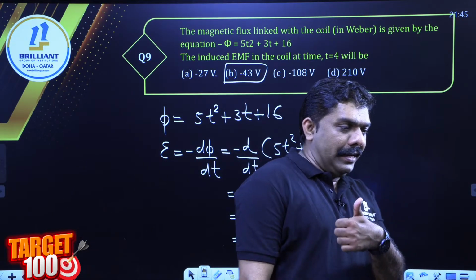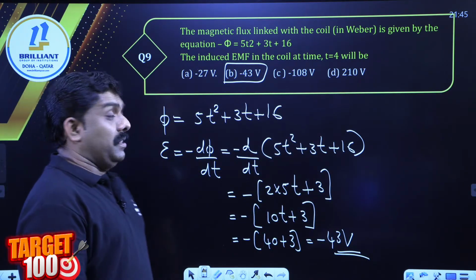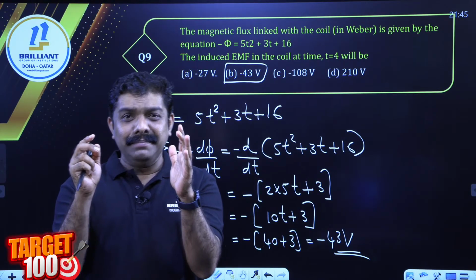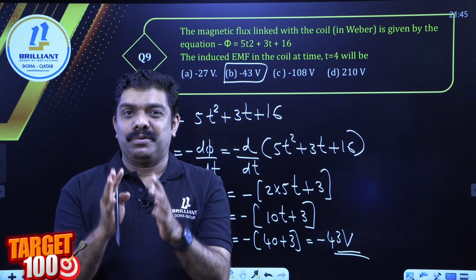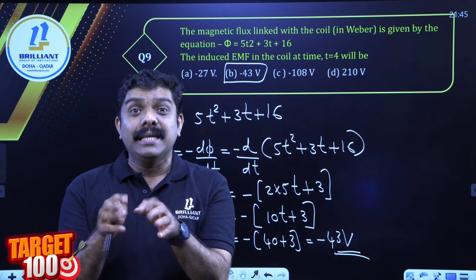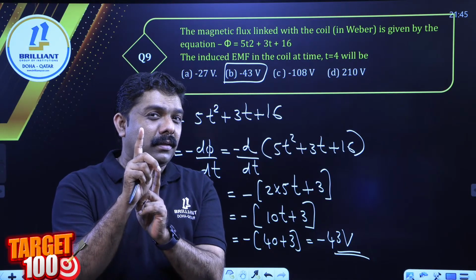Yes, Nitin, right. Yes, Dhruvil, right. So the right answer is minus 43 volt. But here, please everyone listen, there is an important question. Sir, some questions do not give a minus sign, then what do we have to do? This is a confusing point for the students.